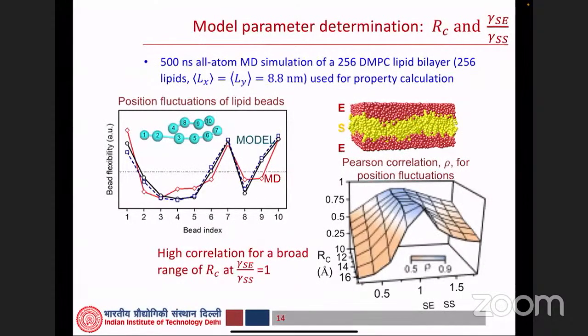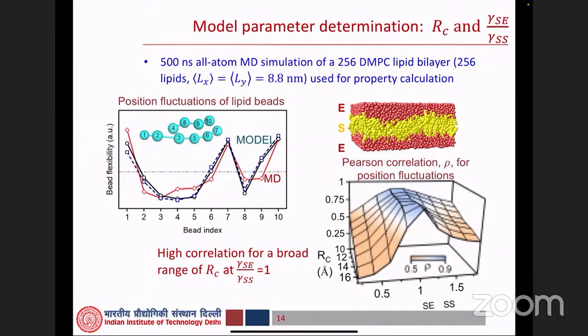We used a 500 nanosecond molecular dynamics simulation of a 256 molecule lipid bilayer. Roughly, the size of the bilayer in the XY dimension was 8.8 by 8.8 nanometers. For the calculation of properties, which in this case is mainly position fluctuations, we use those as input to train our model.